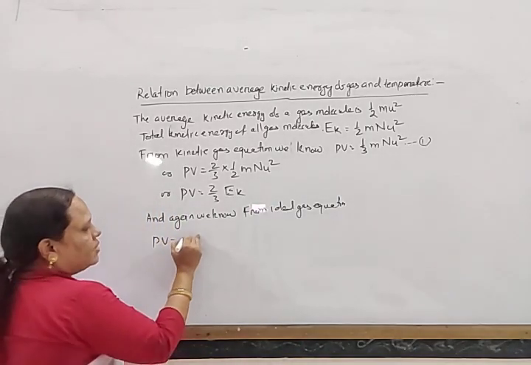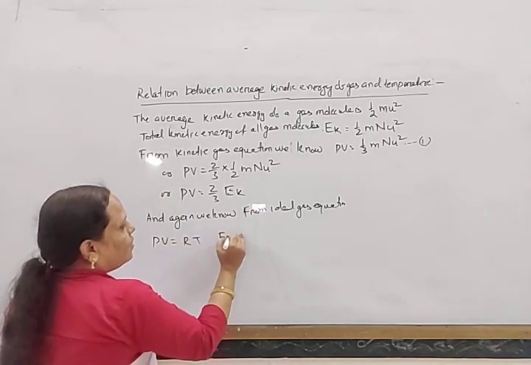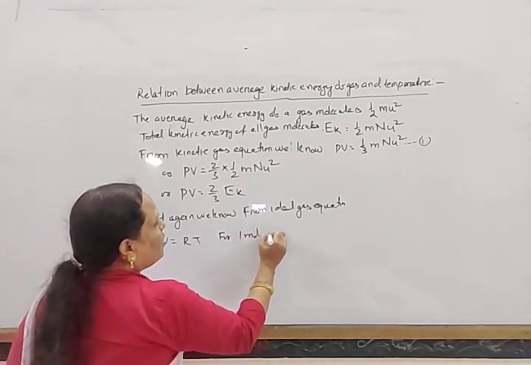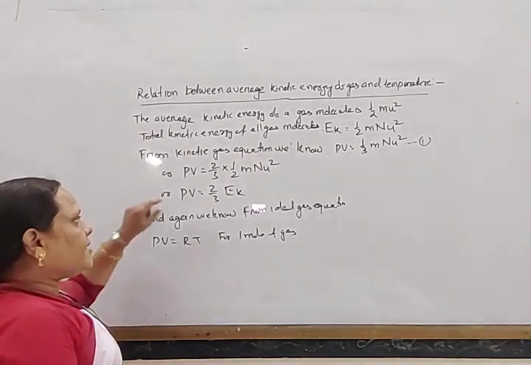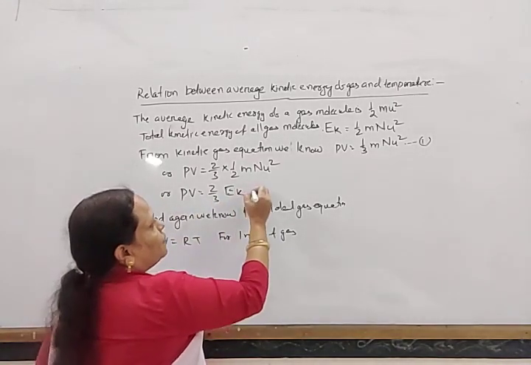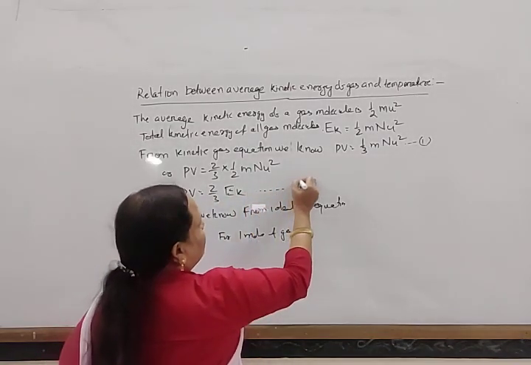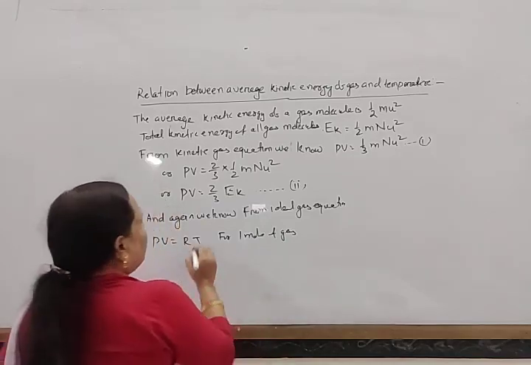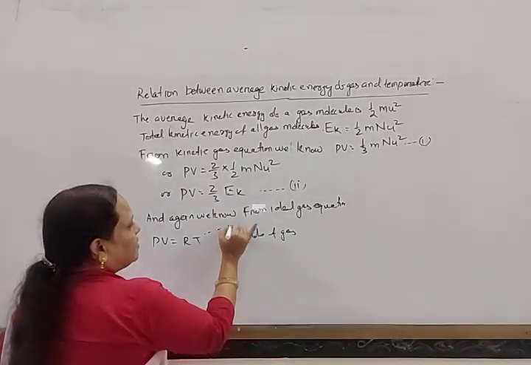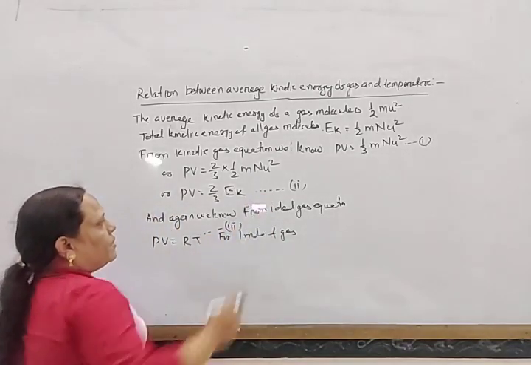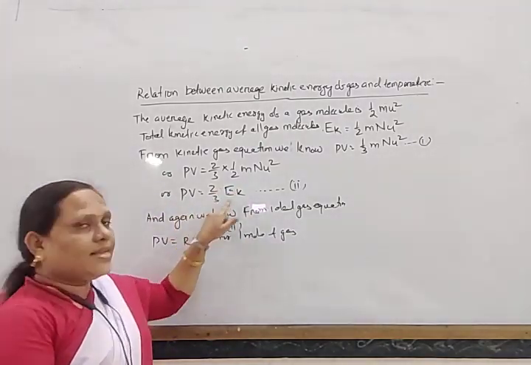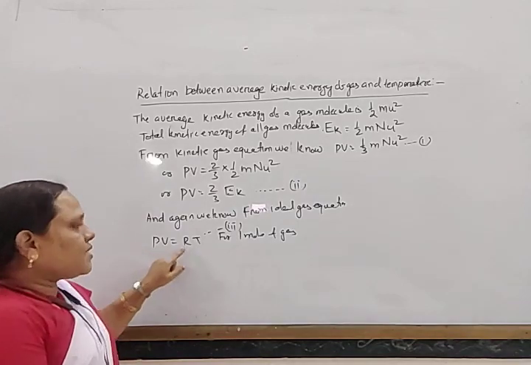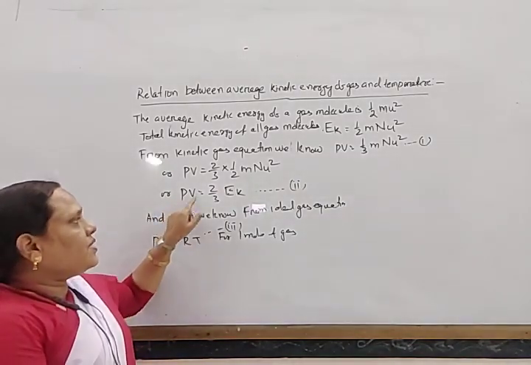PV equal to RT, that is for 1 mole of gas, and PV equal to nRT. So here PV equal to 2 by 3 Ek, giving equation 2, and PV equal to RT, suppose this is equation number 3. So from equation 2 and equation 3, PV equal to 2 by 3 Ek and PV is equal to RT.